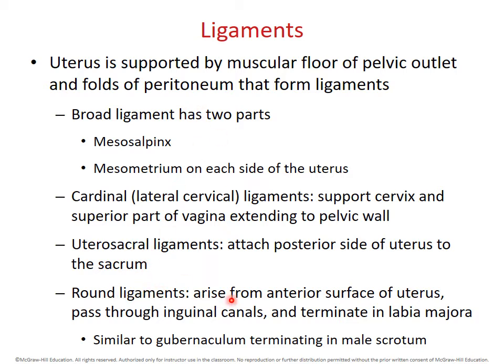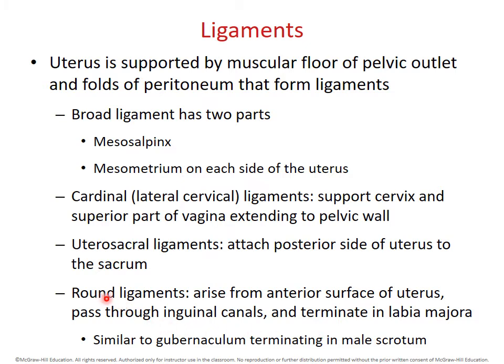The round ligament arises from the front of the uterus, passes through the inguinal canal, and actually terminates way down underneath the labia in the external genitalia. By passing through the inguinal canal, it's similar to the gubernaculum, which includes the spermatic cord in the male.